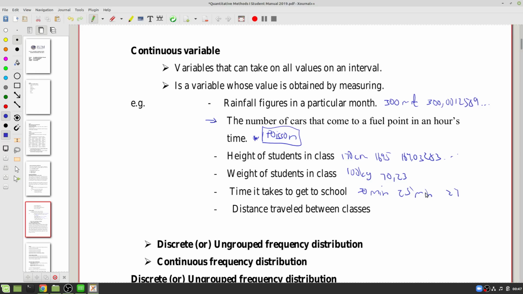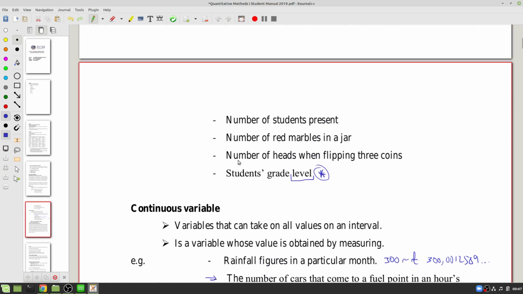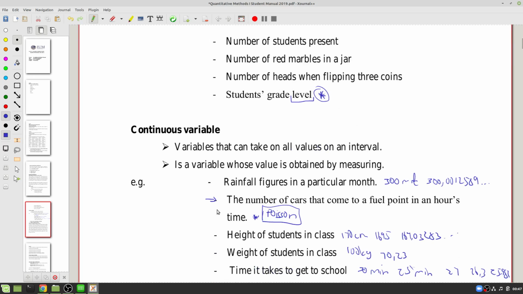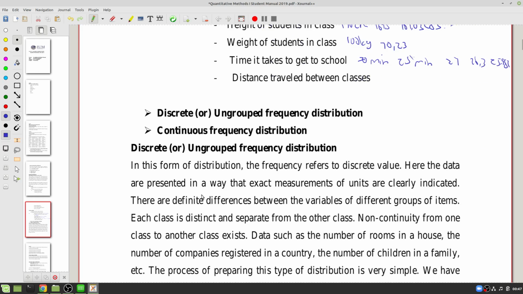Well, we might think only 26 is between them. But we could also have 26.3 or 25.987, right? So there's an infinite number of values between any two other numbers. And that's why it's continuous. Okay, so that's the basic idea of the difference between discrete and continuous. Discrete, you can count it, and continuous variable, you can measure it.